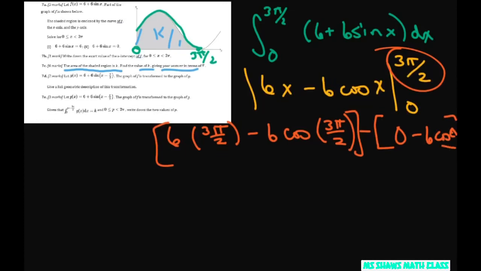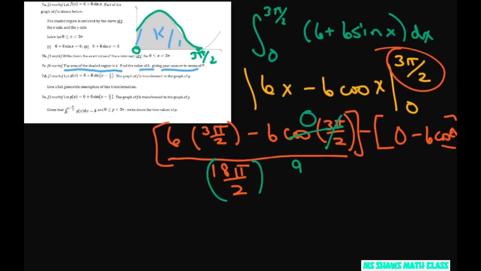So when you work all this out, this is going to be 18 pi over 2, and, no, this is 0. Cosine of 3 pi over 2 is just 0, so that zeroes out. So this equals 9 pi, minus 0 for this part.